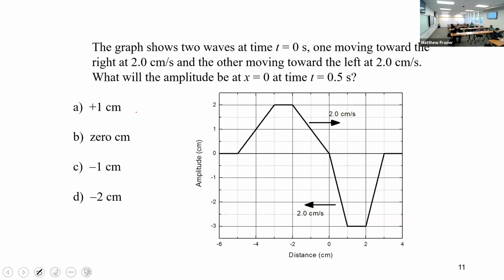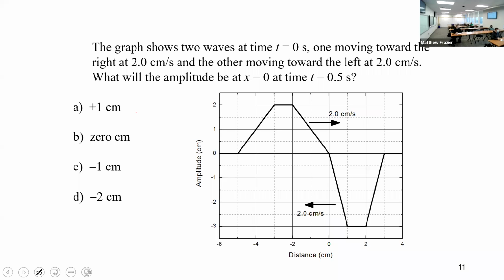All right, so I want to do a practice problem like we did in the lab, because I've seen this sort of thing on the exam. Basically, here are two pulses. Given that they're moving at some set of speeds, can you deduce the shape of the wave at times in the future?